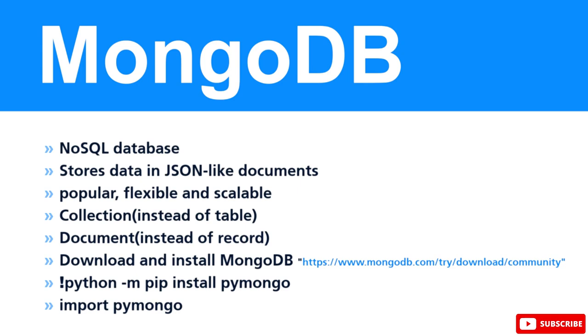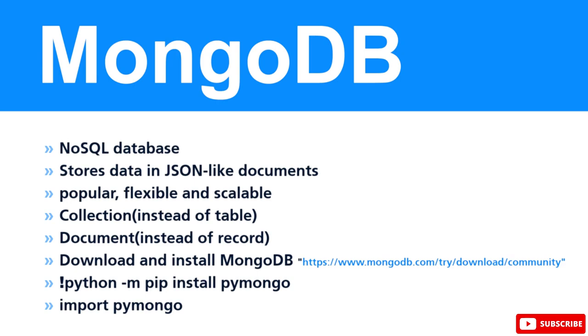After installing MongoDB on your device, you need to install the PyMongo driver to work with the MongoDB database with the Python programming language. You can install it by using the pip package manager in Python with this command: python -m pip install pymongo.